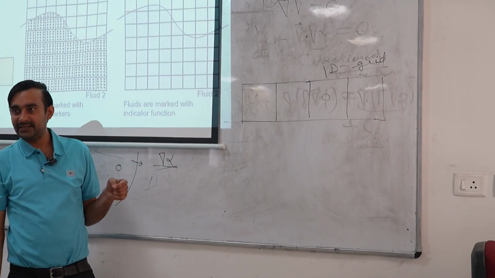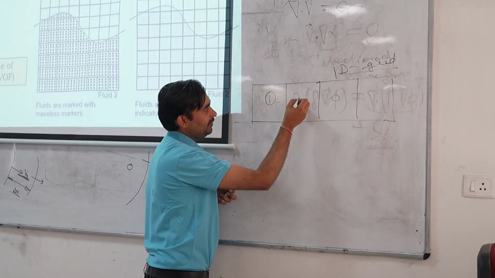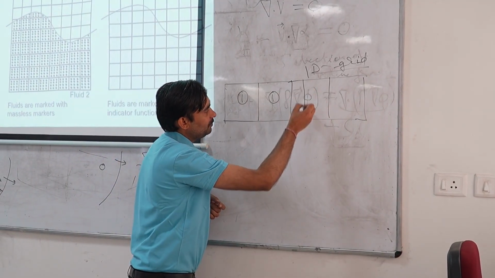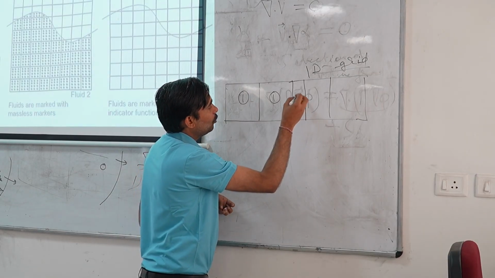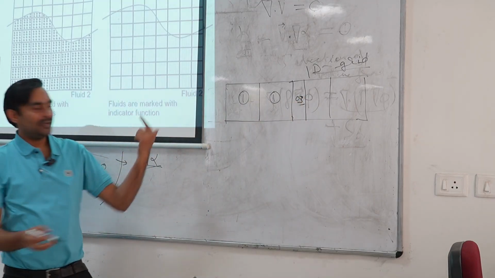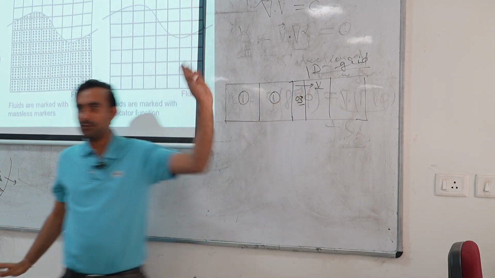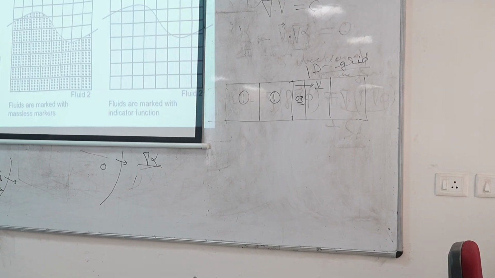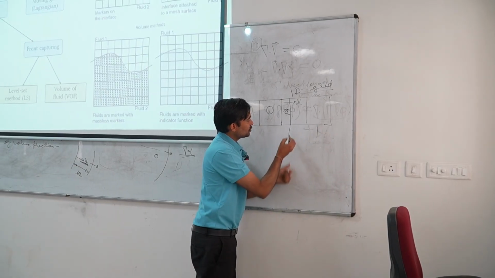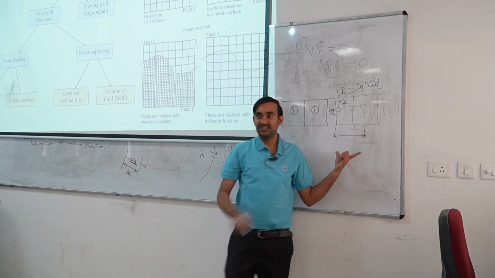In this grid, this cell is completely filled with fluid 1, this is completely filled with fluid 2, and this is partially filled, say with volume fraction close to 0.2 or 0.3. Now, in one dimensional flow my velocity field will be approaching in the rightward direction. Say my time step is such that in a single time step the solution is jumping from this point to this point.